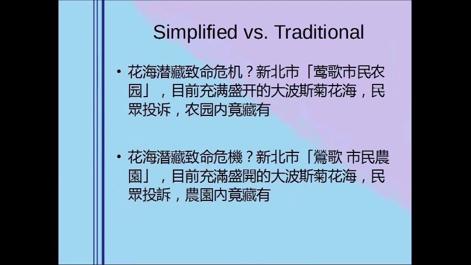This is an example of a text from one of the news articles. I took it from Simplified and put it into Google Translate to change it to traditional characters. As you can see, there are just a few differences. This character is the same, that one's the same, and this one is quite different, much simpler.